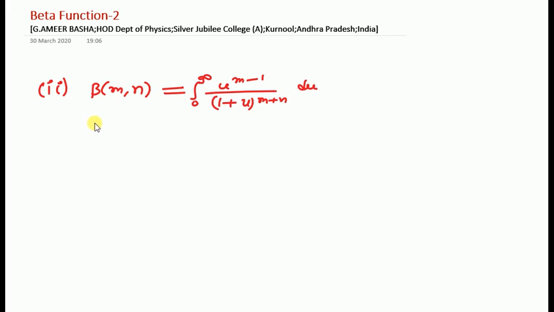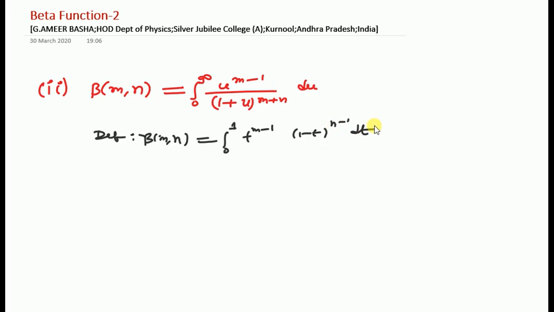So it is very easy to prove. For that purpose, always remember, first we start from the definition. With the definition only we can do anything. So what will the definition be? The definition of beta function is: beta of m, n is equal to the integral from 0 to 1 of t power m minus 1, (1 minus t) whole power n minus 1 dt.